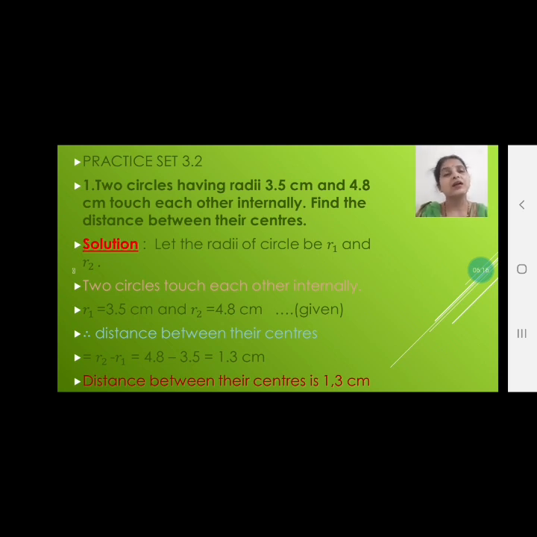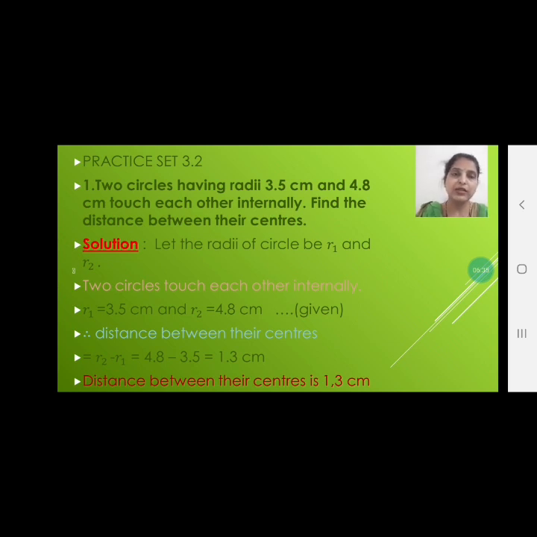Let the radii of the circles be R1 and R2. Two circles are touching internally. So by the theorem of touching circles, the distance between their centers will be equal to the difference between their radii.